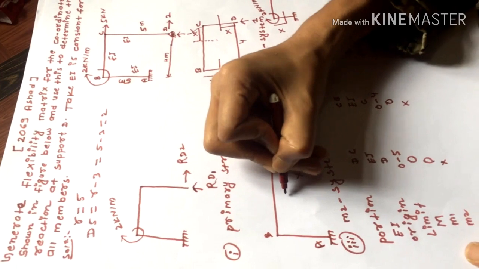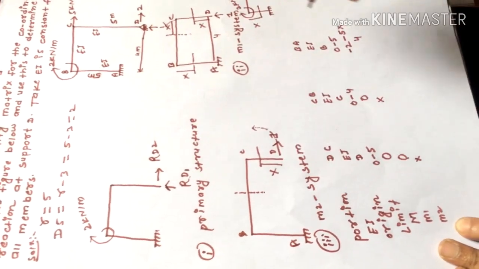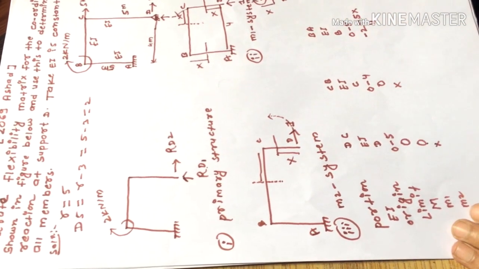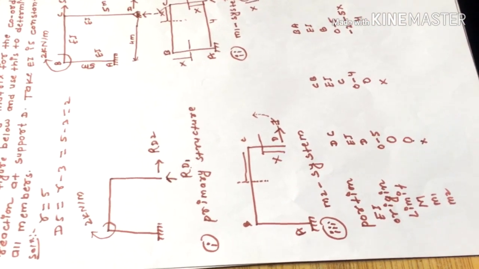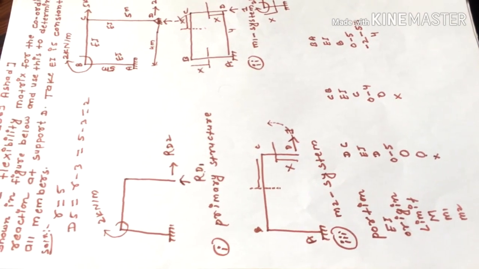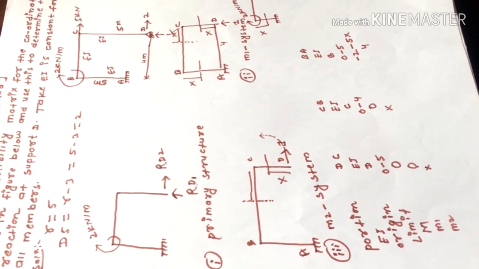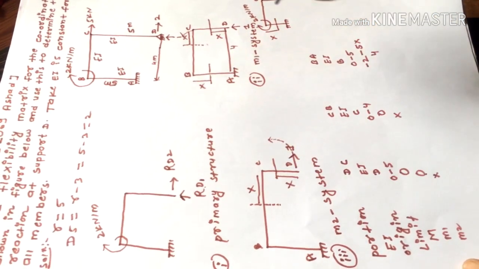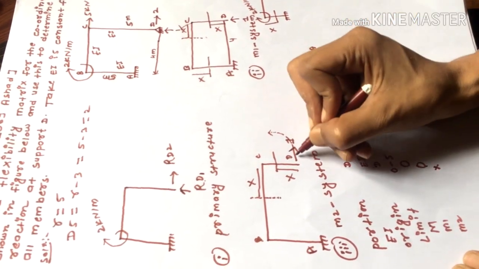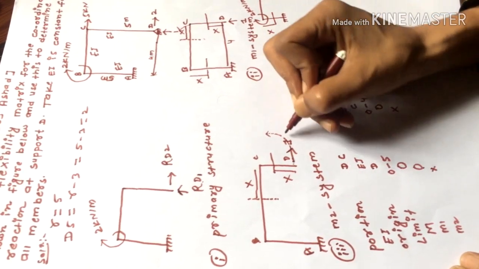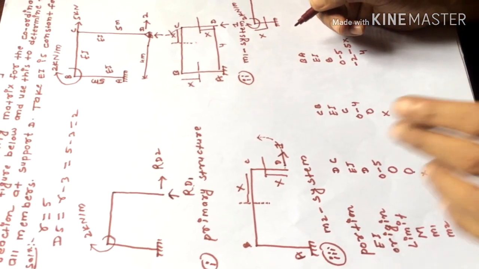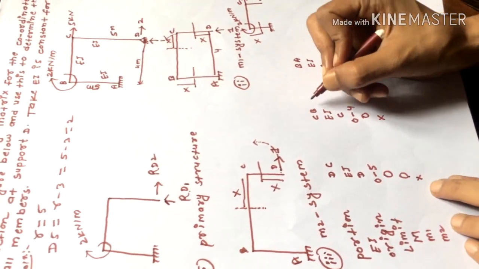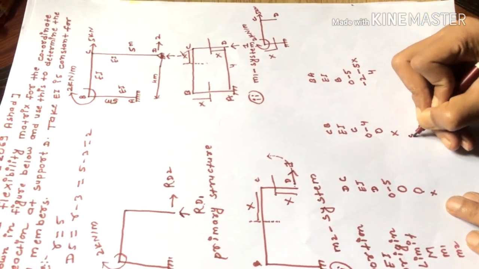In portion CB, let us take a section at a distance of x, and in the figure we can see this force will rotate this section in anti-clockwise direction, and perpendicular distance is 5 meter. So in portion CB moment is 5.